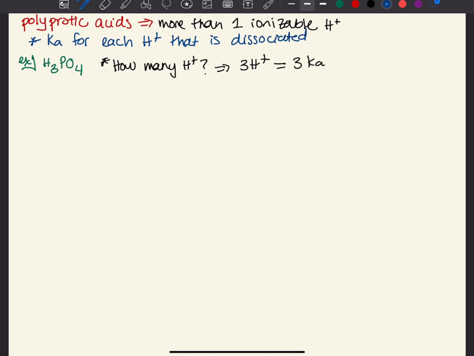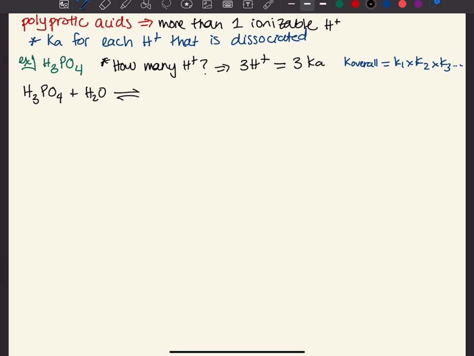So remember, to get your overall K, you have to do K1 times K2 times K3, etc., for however many Ks you have. So when we set this up, we can have phosphoric acid plus water in equilibrium.